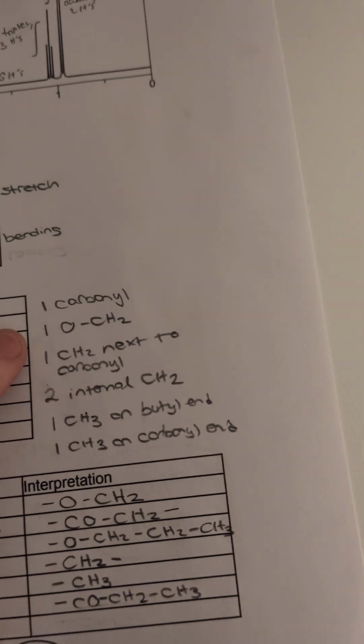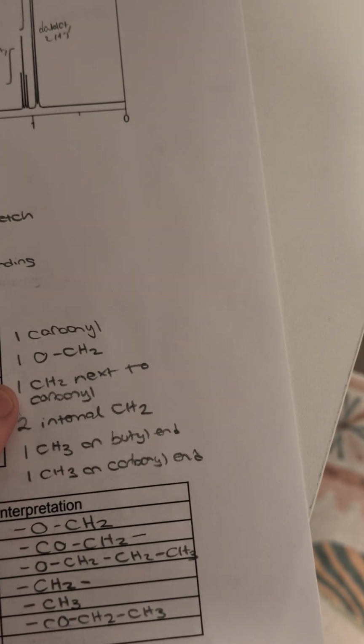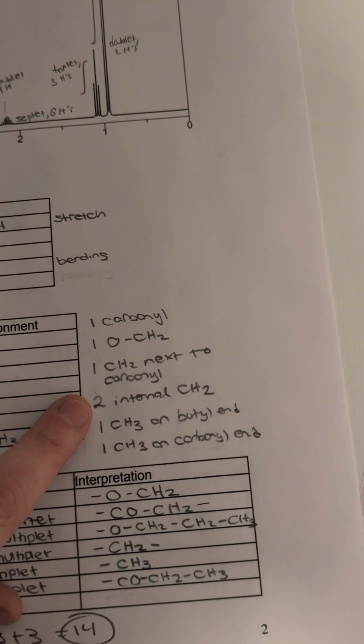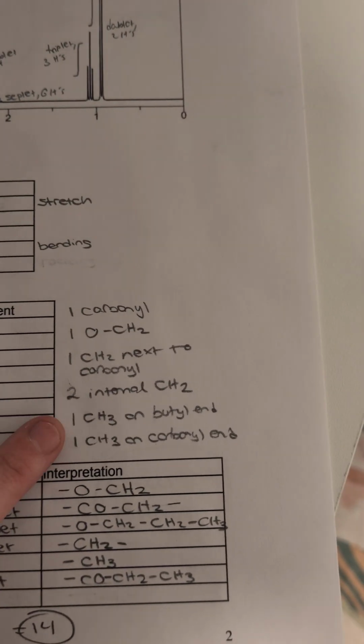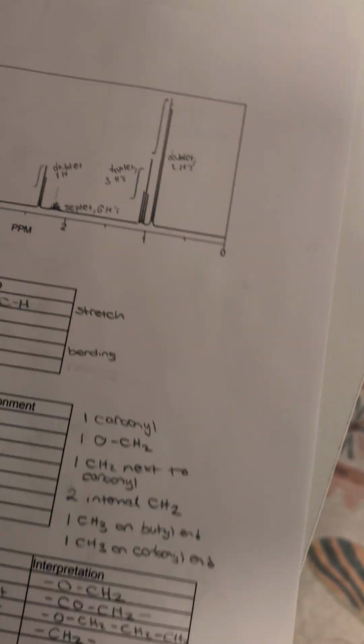And we saw that we had one OCH2, one CH2 next to the carbonyl group, two internal CH2s, one CH3 on the butyl end, and one CH3 on the carbonyl end.